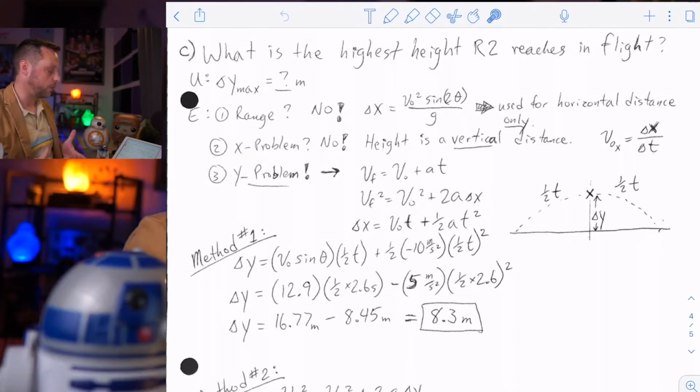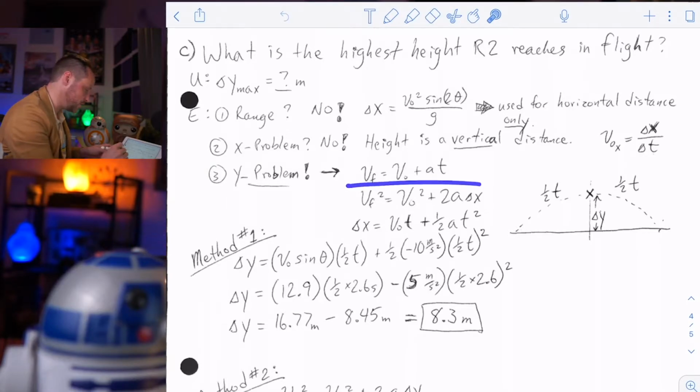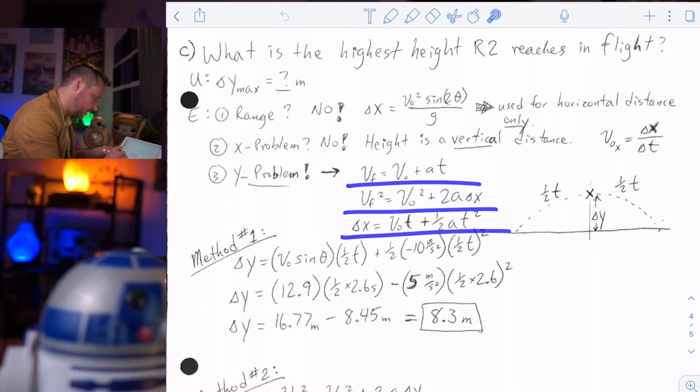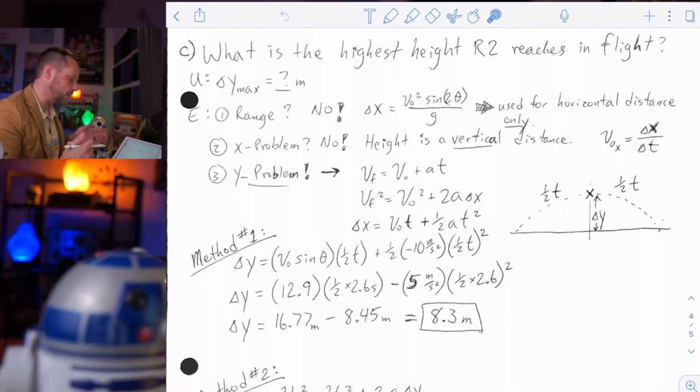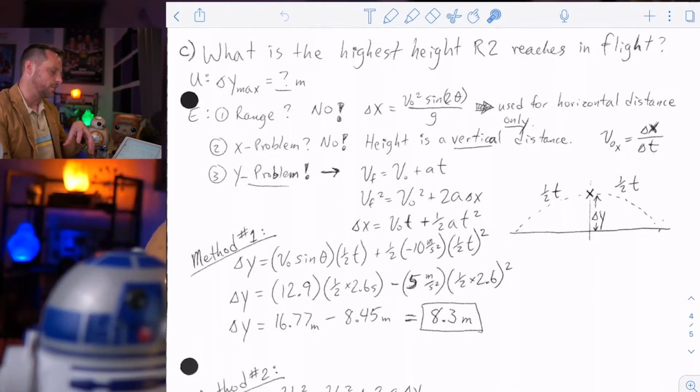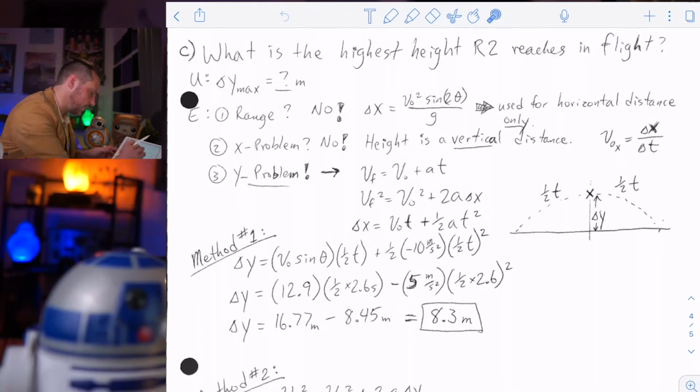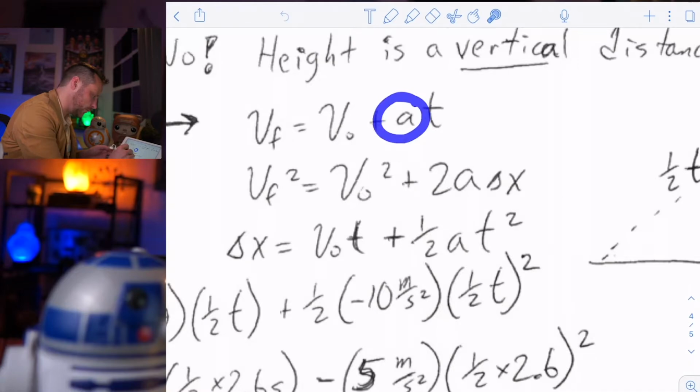Now, when it's a Y problem, here's my kinematics equations. So I've written them out for you. Boom, boom, boom. And then again, there is that fourth one. I don't usually use the fourth one in a vertical sense because the nice thing about a vertical projectile problem is that I always know the acceleration.